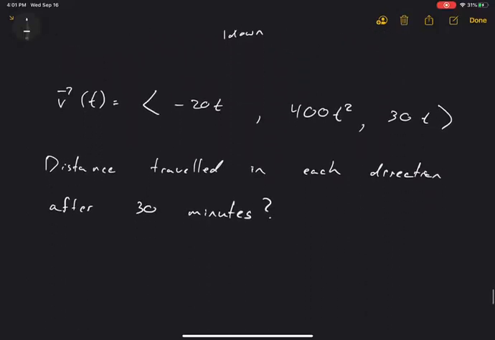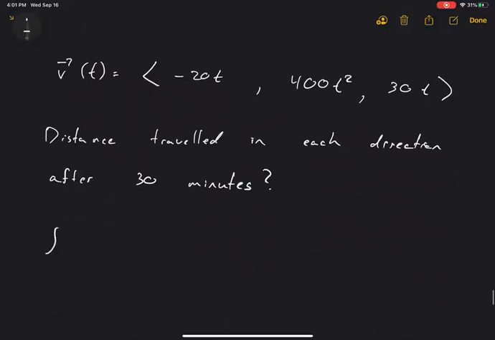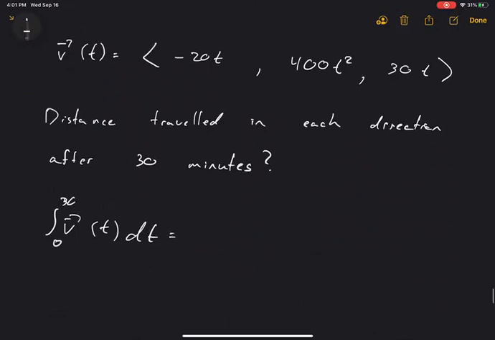Well, that would be a great application for this integration. If I do the integral of v of t from 30 to 0, well, I know that's just going to be the vector of these integrals.